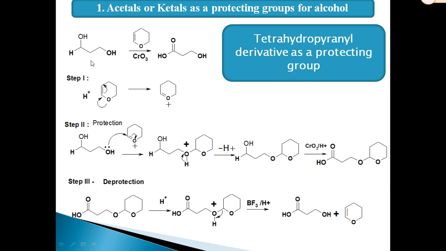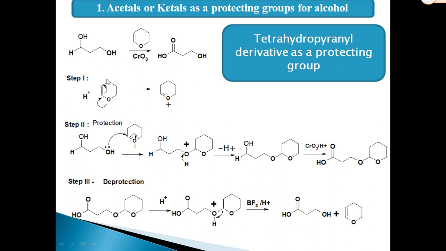In this example, propane 1,3-diol, if we want to oxidize this propane 1,3-diol into 3-hydroxypropionic acid, it means we want selective oxidation, only oxidation of this first hydroxy group, and we want this second hydroxy group attached to the third carbon atom as it is. So we want to protect this hydroxy group.